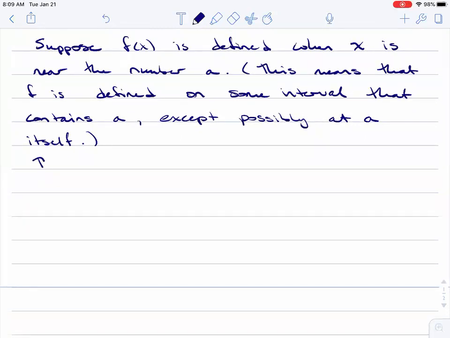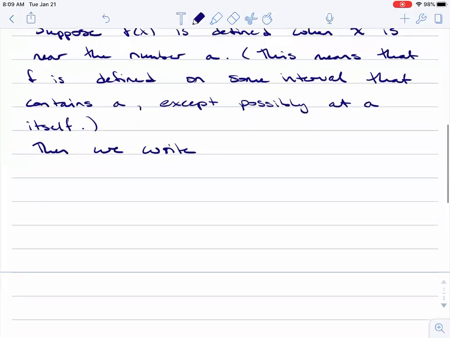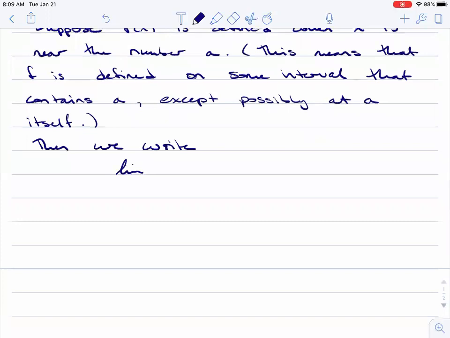Then we write that the limit as x approaches a of f of x equals L, right?